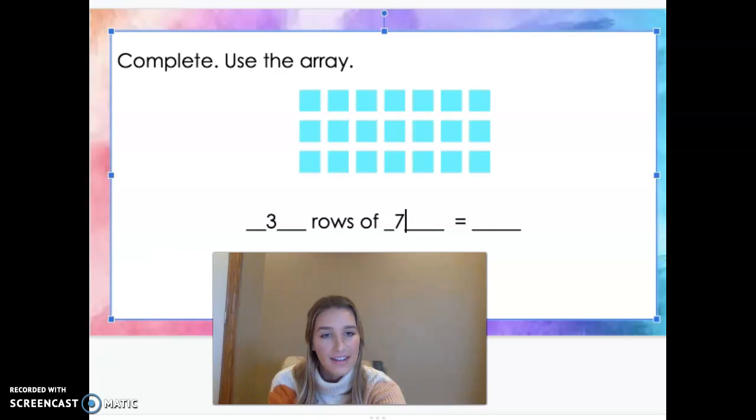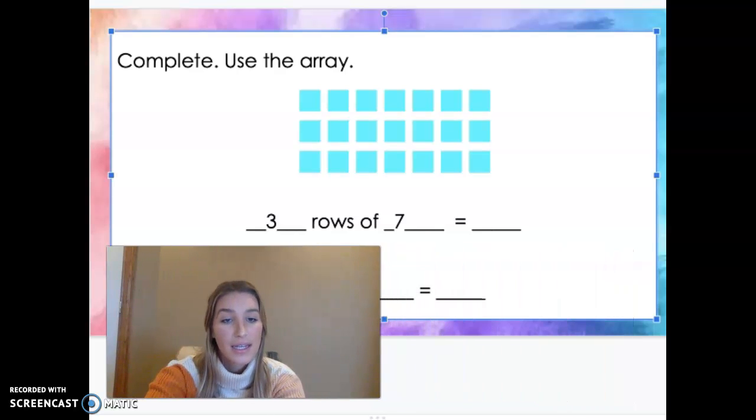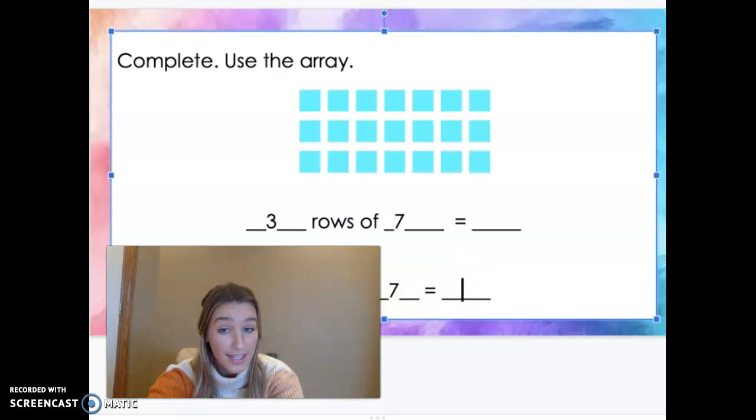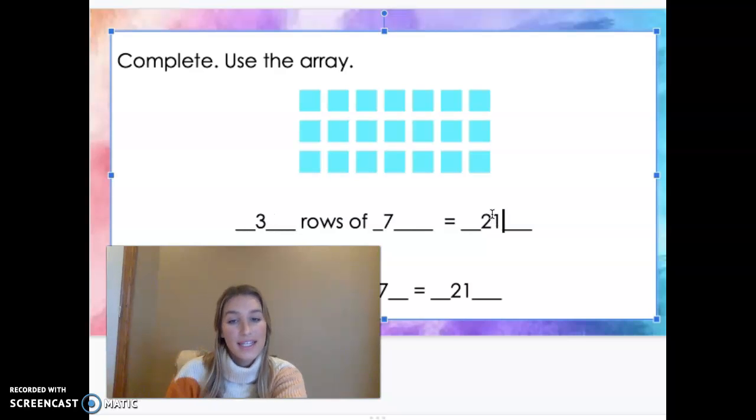So I see there's 7. So if you want to make a multiplication problem, how would you write your multiplication problem? I know you guys can do this. You take the number of rows multiplied by the number of columns. So it's 3 times 7 equals, anyone know what it is? 21. So I know 3 rows of 7 is 21.